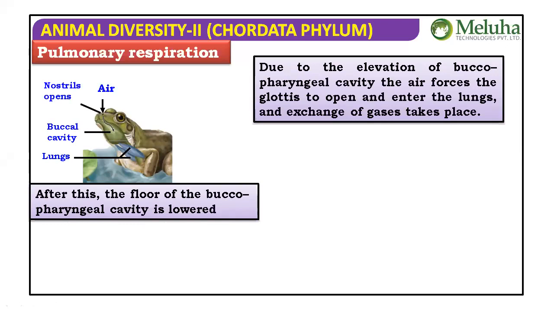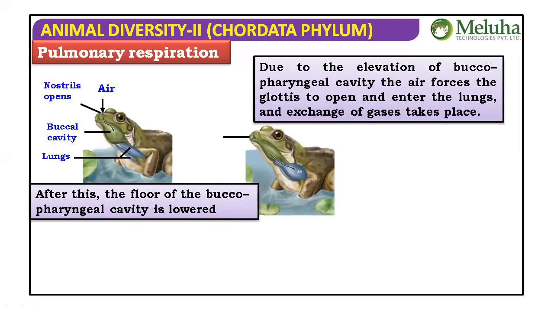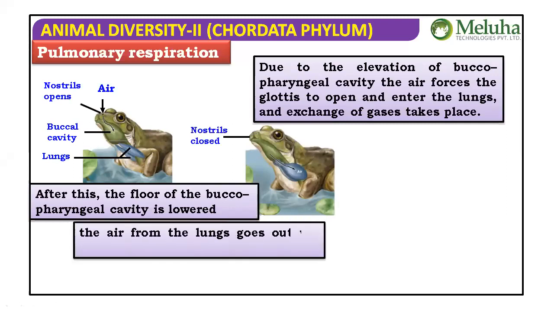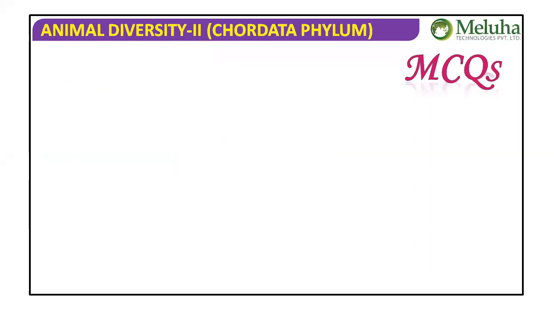After this, the floor of the buccopharyngeal cavity is lowered. Nostril closed, air from the lungs goes out via buccopharyngeal cavity, and from the buccopharyngeal cavity it enters into the atmosphere when the nostril is getting open.